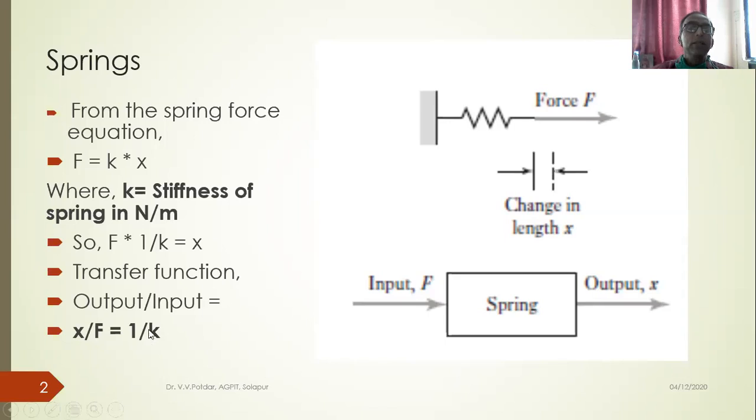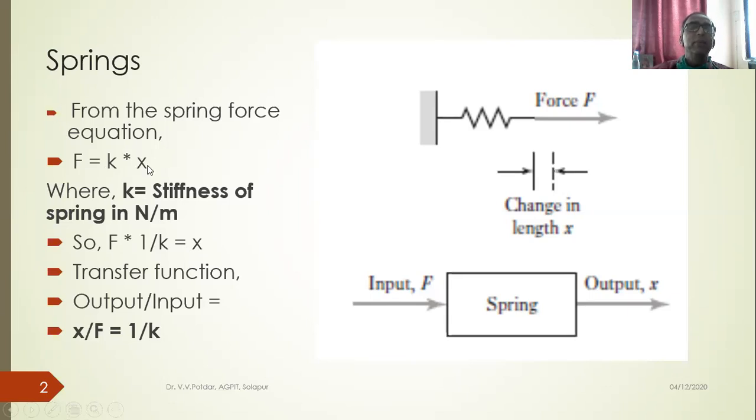So coming back to the same equation, X is equal to F into 1 upon K. So if I want to select a spring which can give me 10 millimeter of displacement when I apply a force of 10 Newton, let us say, what should be the stiffness of the spring in that case? The stiffness K will be equal to F upon X, isn't it?